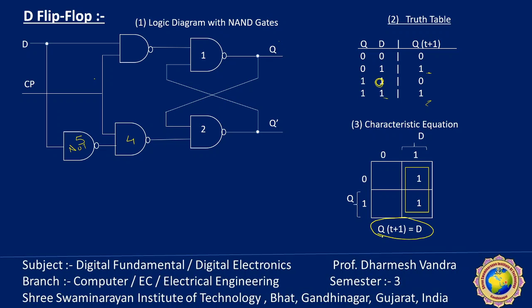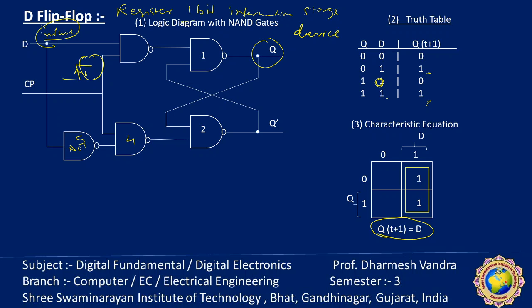It simply transfers the input value to Q, or we can say it is a 1 bit register, a 1 bit information storage device. Whenever the clock pulse changes from 0 to 1, whatever the input value, it is stored inside this flip-flop.